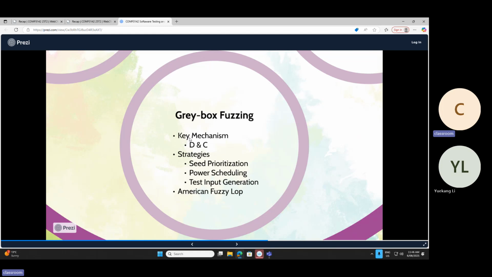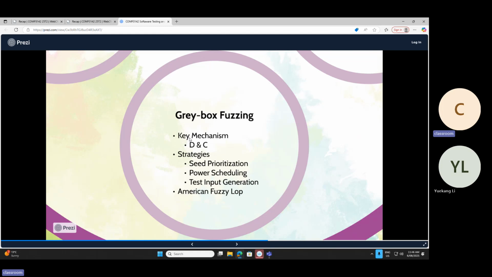And the last one is how do we generate new test inputs, right? We have decided how many new test inputs we should generate. Now we need to decide how we generate them, and this is related to the mutation operators, right? We can design different mutation operators to create new test cases.